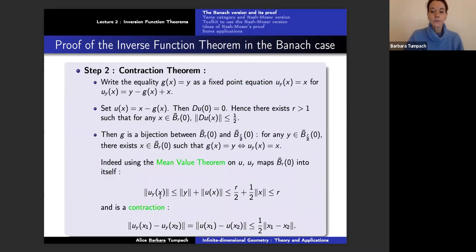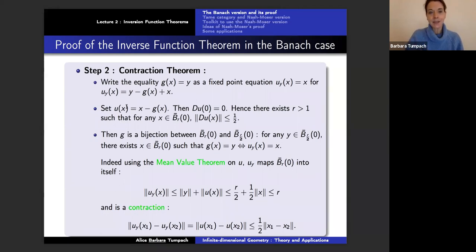Okay, now we will use the contraction theorem to prove that it's a bijection. And then we will see in steps 3, 4, 5 that the reciprocal map is smooth.